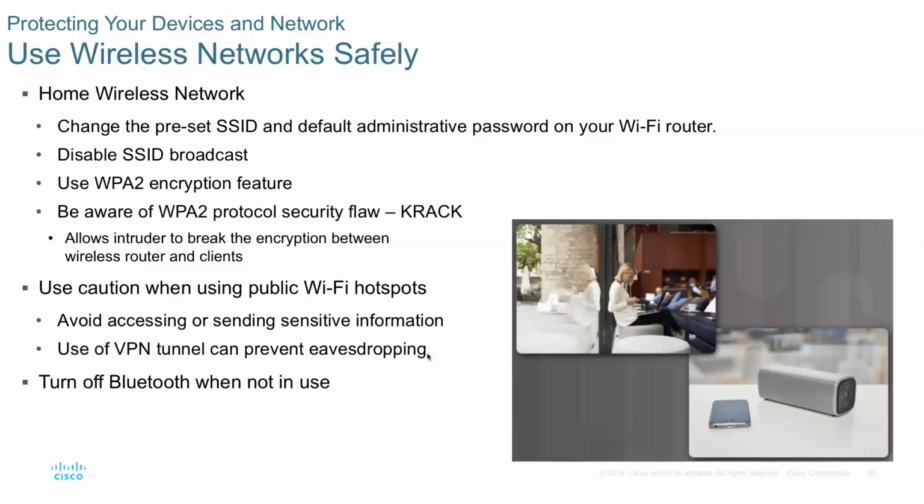A VPN gives you a private tunnel to complete your work in. And notice it says to turn off Bluetooth when not in use, because Bluetooth gives hackers another way to possibly sniff what's in your network.